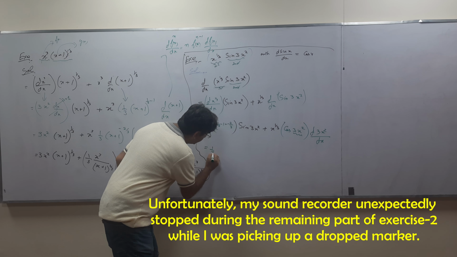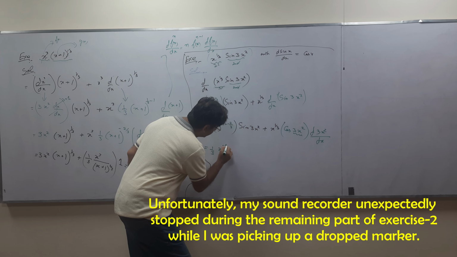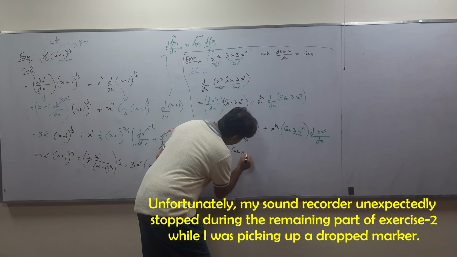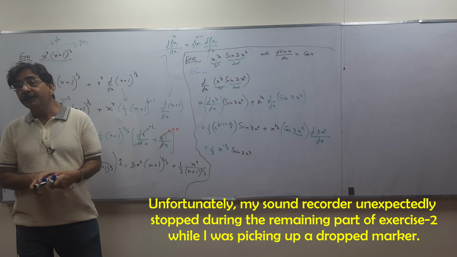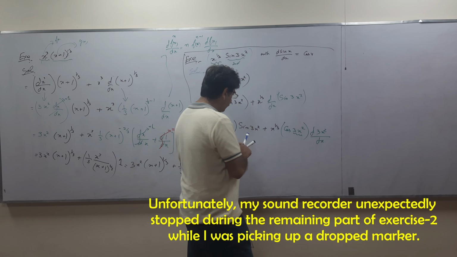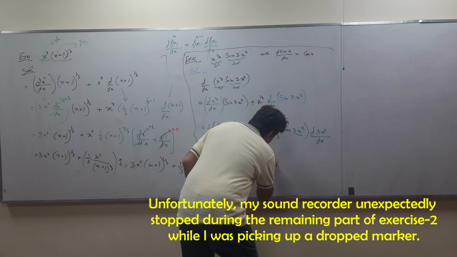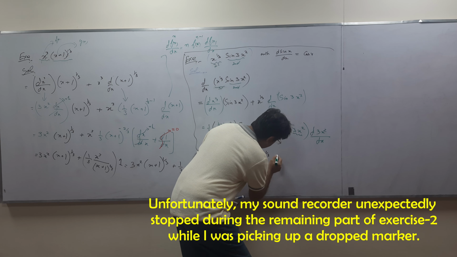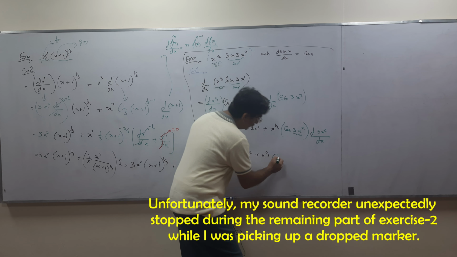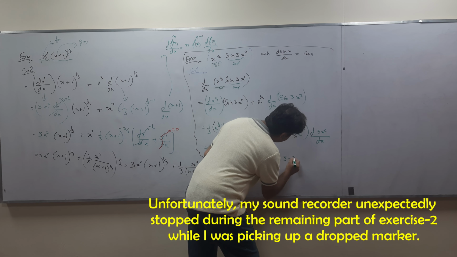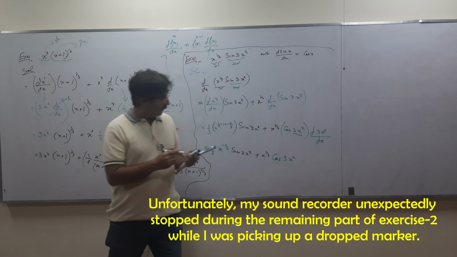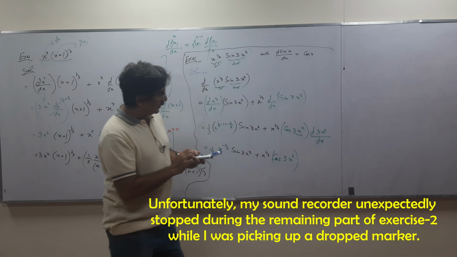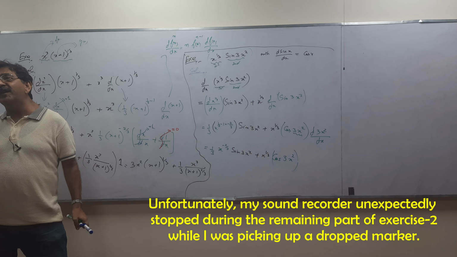So this will be 1 over 3 x power minus 2 by 3 sine 3x square, okay, plus x to the power 1 by 3 cos 3x square, derivative of 3x square. What will be the derivative of 3x square?